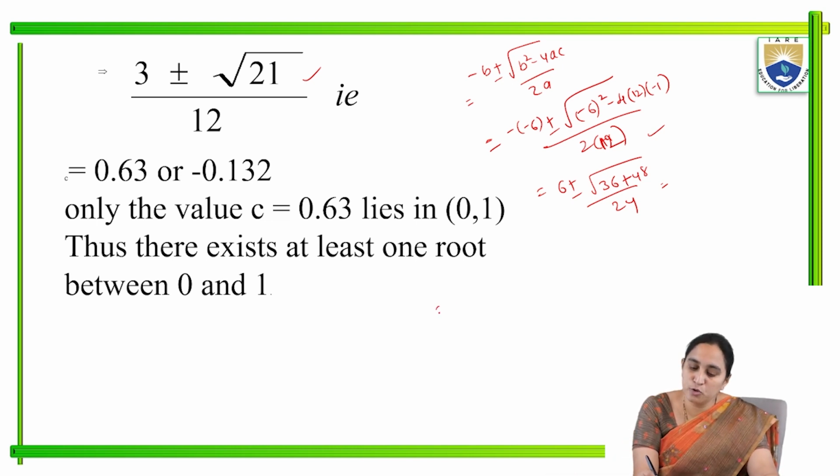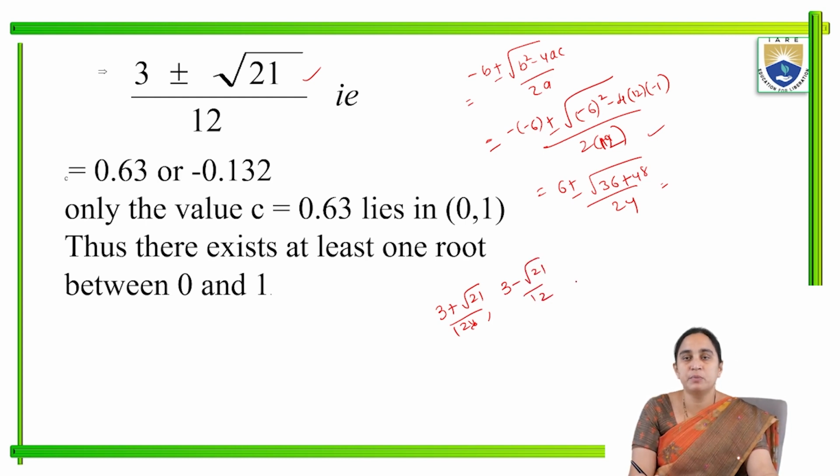From that, we get two roots. The first one is (3 + √21)/12, and the second one is (3 − √21)/12.